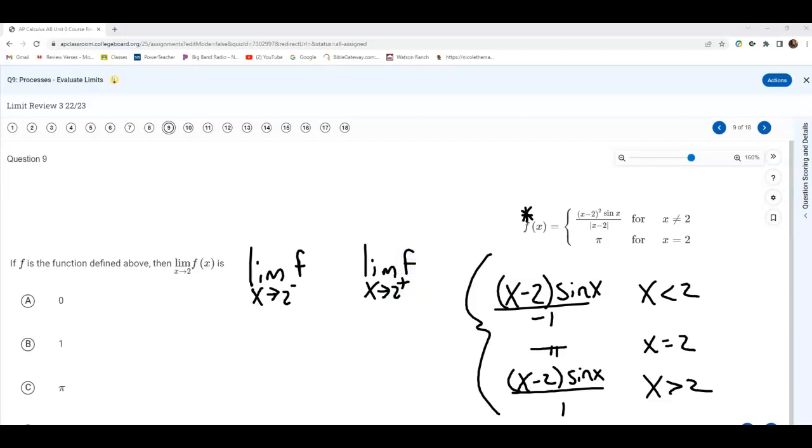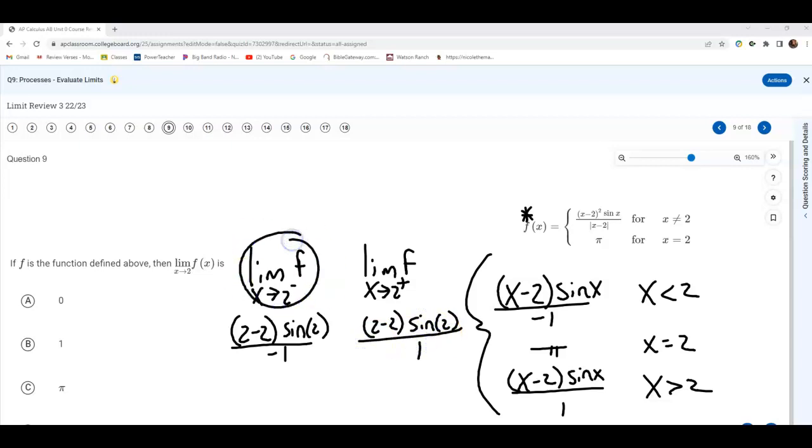So if I were to plug in 2, I get 2 minus 2 times sine of 2 over -1, and 2 minus 2 times sine of 2 over +1. From the left, we plug it into the top piece. For the right, we plug it into the bottom piece.